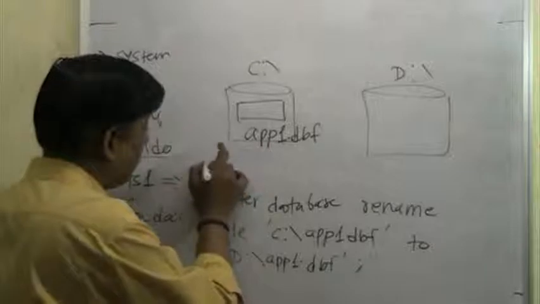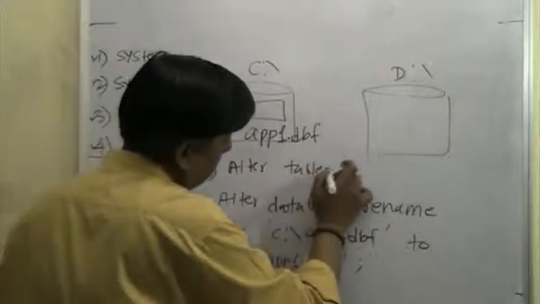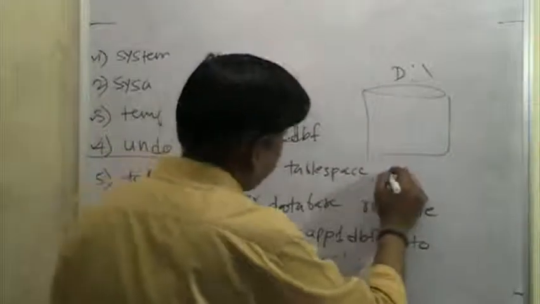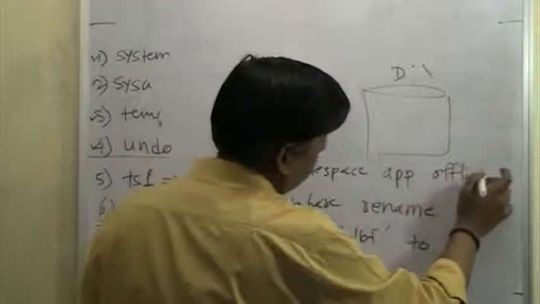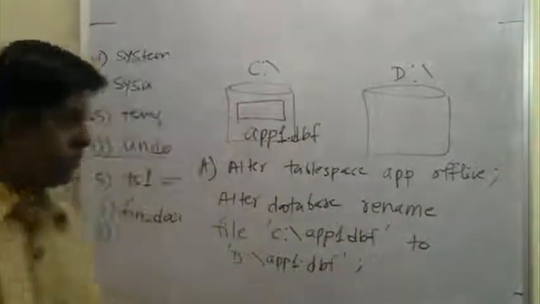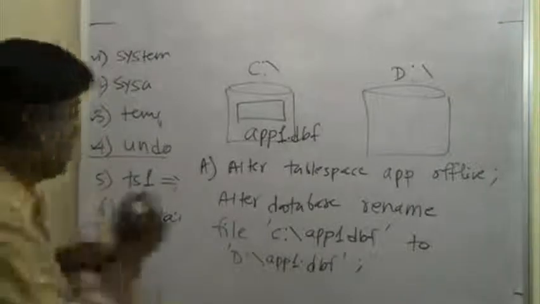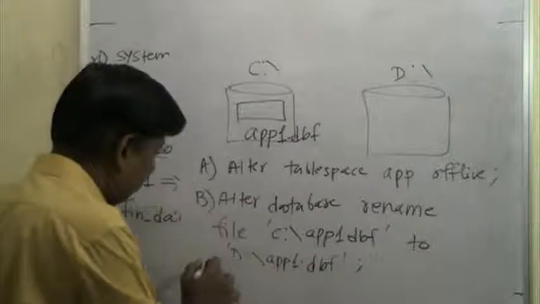How do we do that? Step number A, alter table space. Name of the table space, not the name of the file. Alter table space, let us say app offline. And then you bring the table space online. So this is step number A, step number B, and step number C is to bring it online.